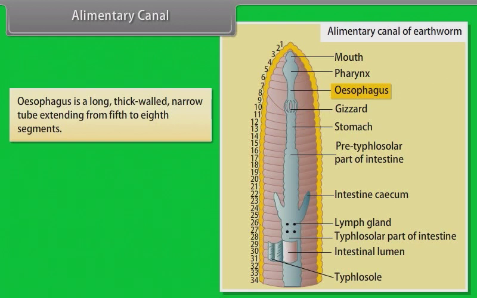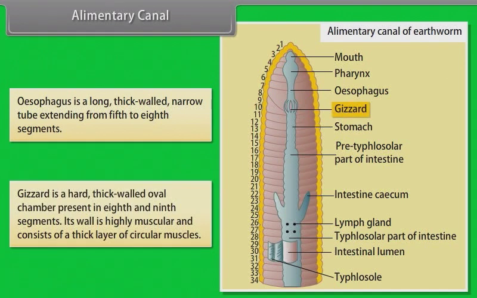Oesophagus is a long, thick-walled, narrow tube extending from 5th to 8th segment. Gizzard is a hard, thick-walled, oval chamber present in 8th and 9th segments. Its wall is highly muscular and consists of a thick layer of circular muscles. Alimentary canal.